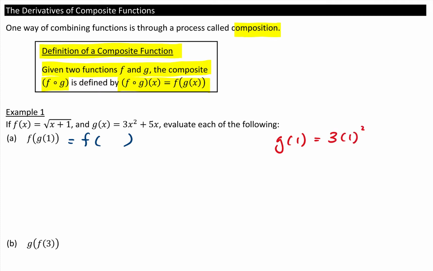That's 3 times 1 squared plus 5 times 1, which gives us a value of 8. Now we need to evaluate f of 8. We take the value of g of 1, which is 8, and sub it into the function f of x. So f of 8 would be the square root of 8 plus 1, which is equal to 3.